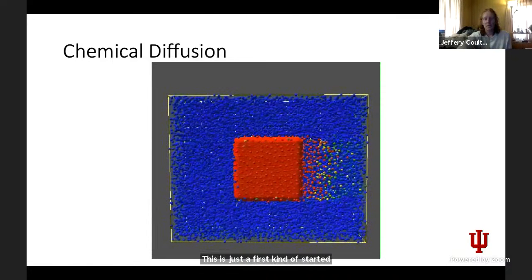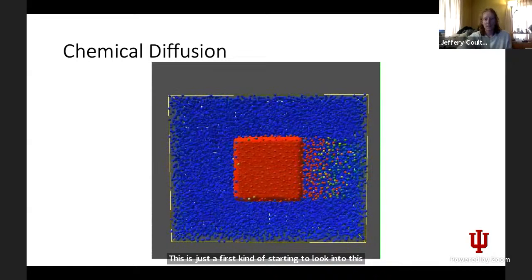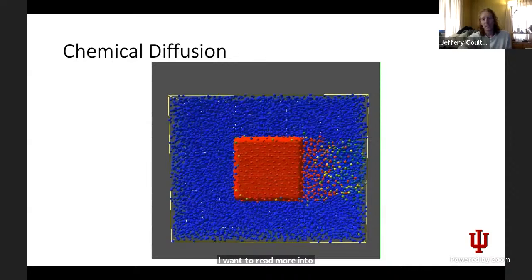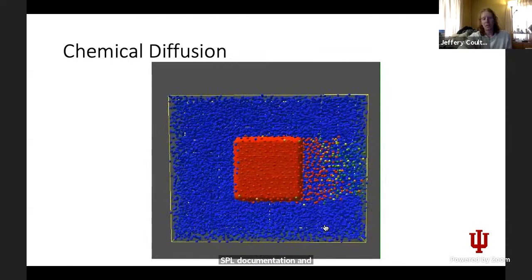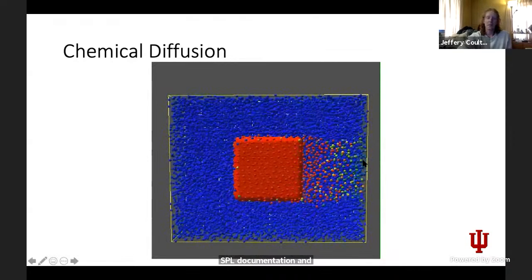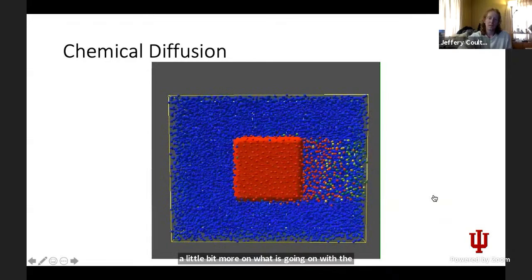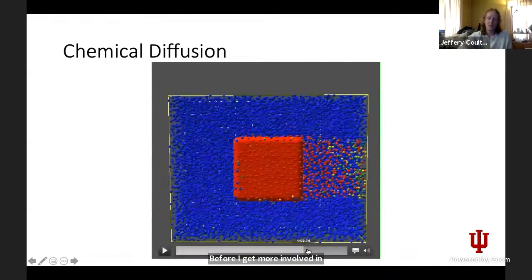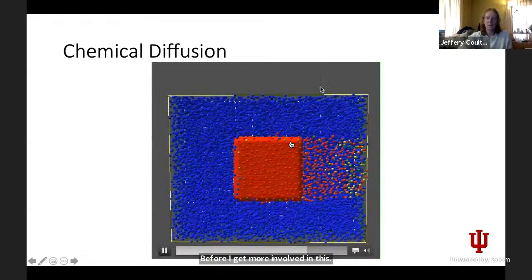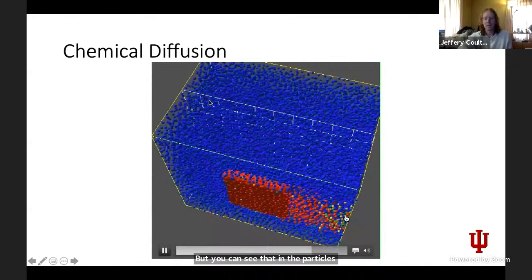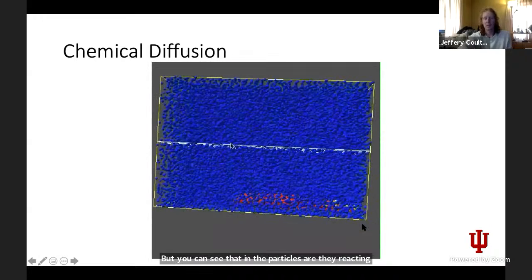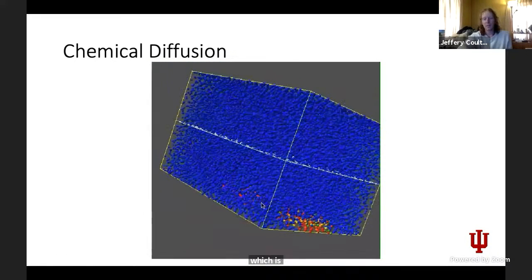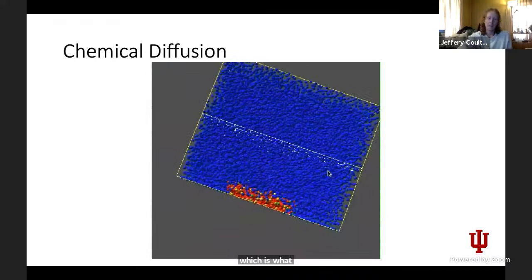I want to read more into SPML documentation and a little bit more on what is going on with the code before I get more involved in this. But you can see that the particles are only reacting with the catalyst and not so much with each other, which is good because that's what is going on in the paper.